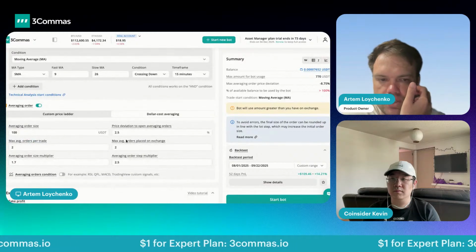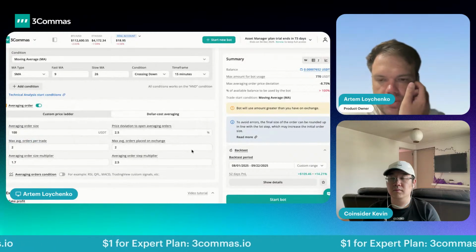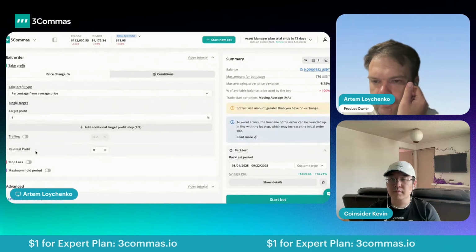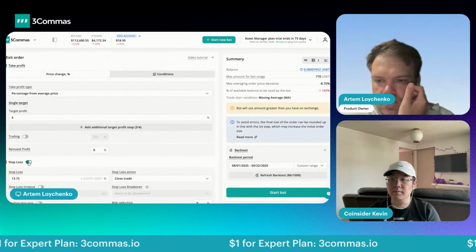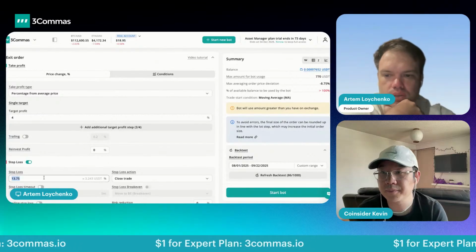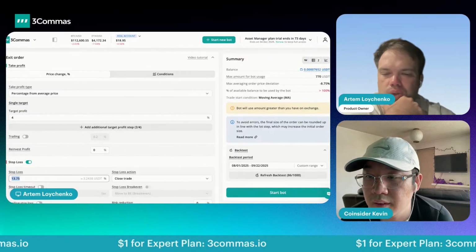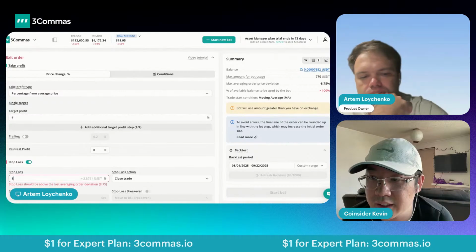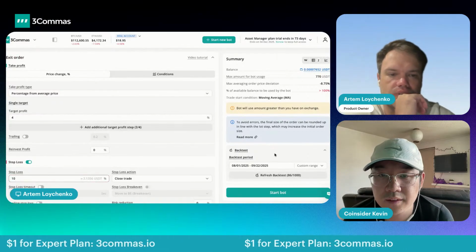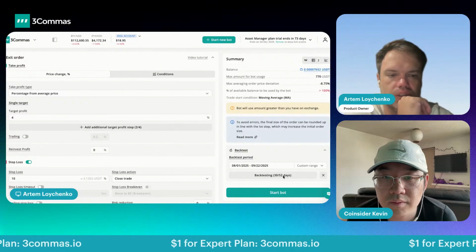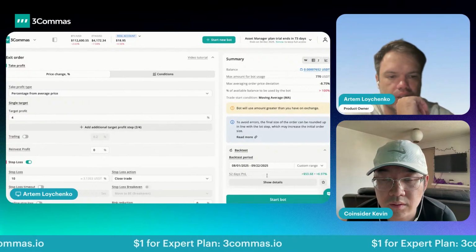You could see the averaging while I'm changing the parameters. Take profit just 4. Do you think we actually want to add a stop loss? Okay, let's do it. Do you want a tight one? Let's do 10% to see how it works. First, let's check it on the same chart that we had now, and then I will do from January.